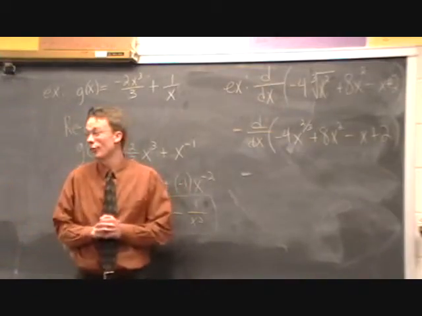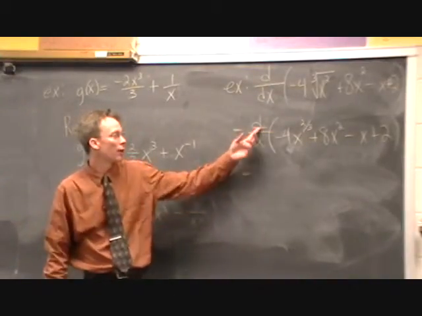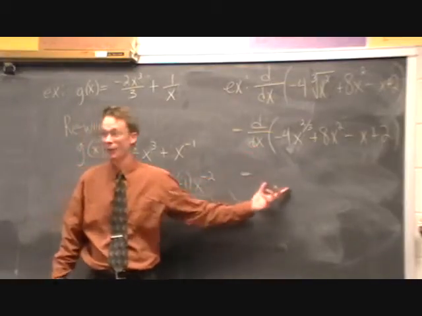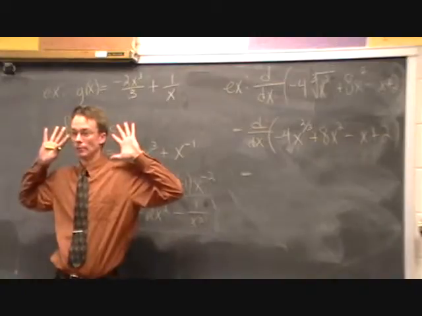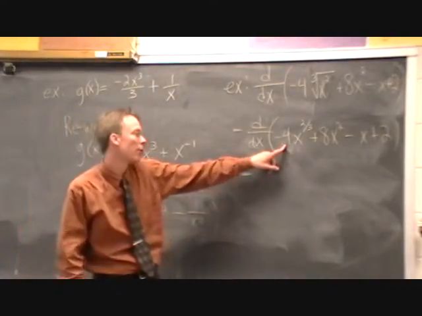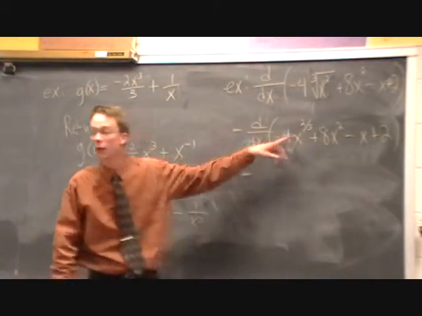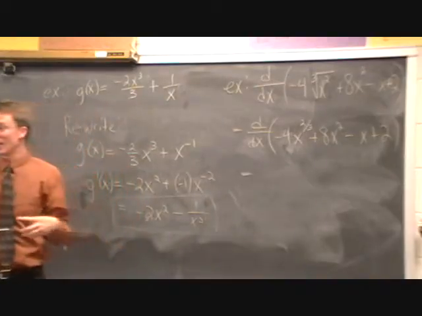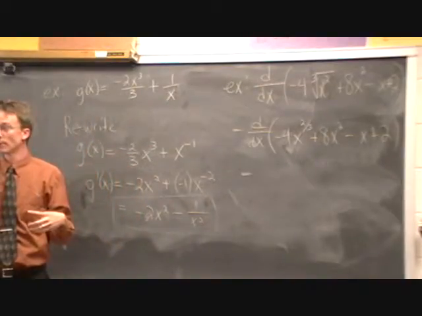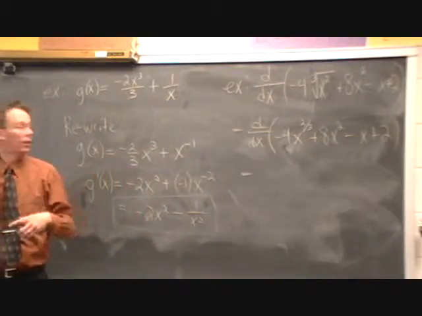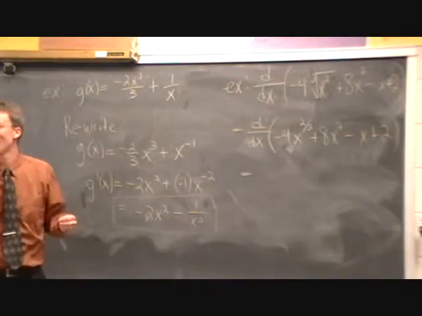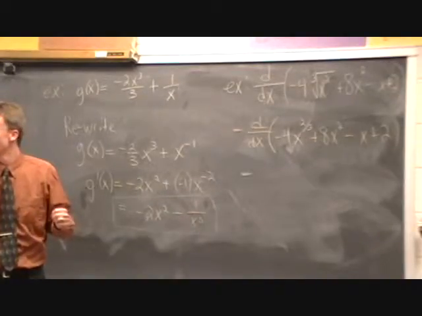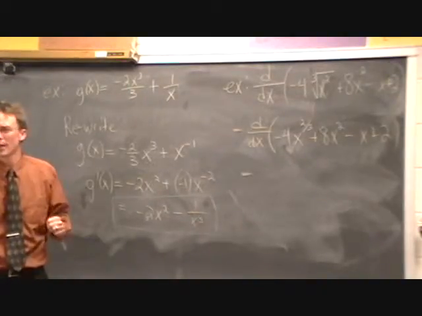So let's differentiate this term by term. I no longer need derivative with respect to x because I'm actually taking the derivative. So I'm going to stop writing derivative. It's being done. The negative 4 can stay. The 2/3 comes down with it, and what do we get? Negative 8/3, right?